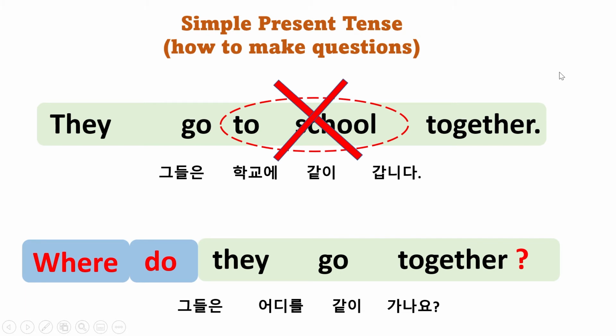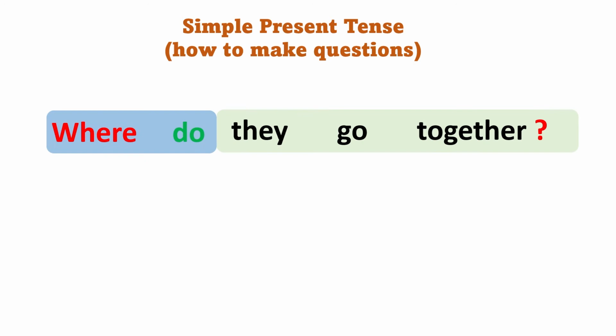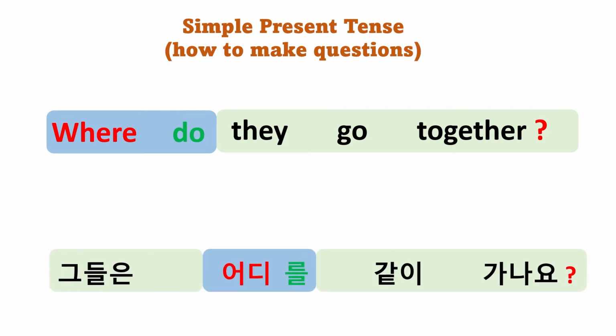Now let's compare this question with the Korean one. Where do they go together? This is our English question. As I said, we need the WH word where and then we need do as our helping verb. In Korean, it's almost the same. We say 그들은 어디를 가나요?